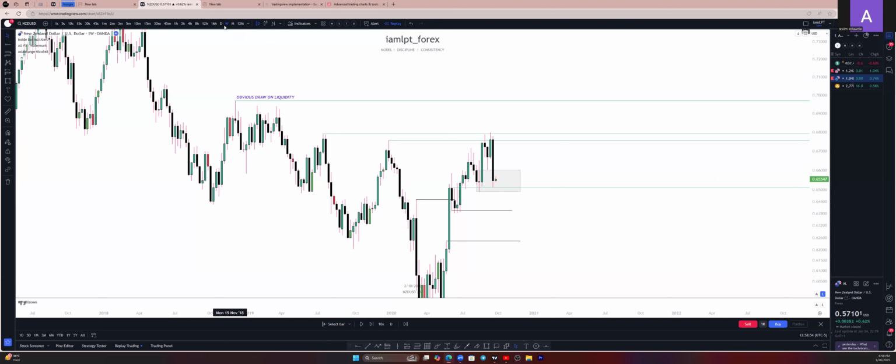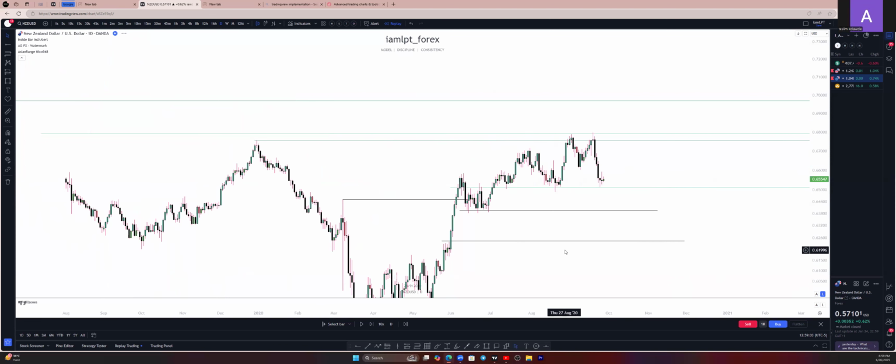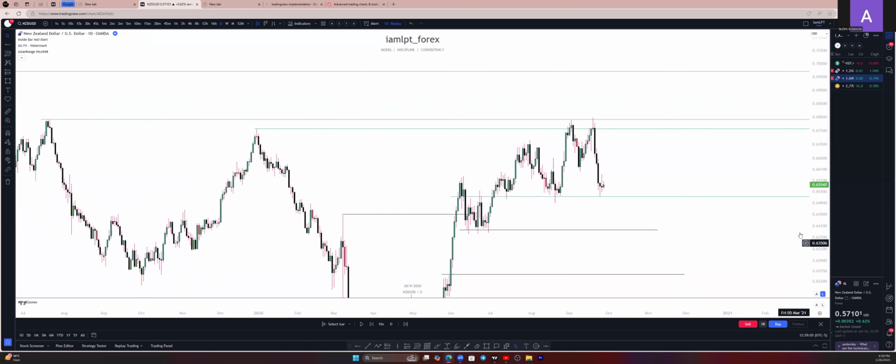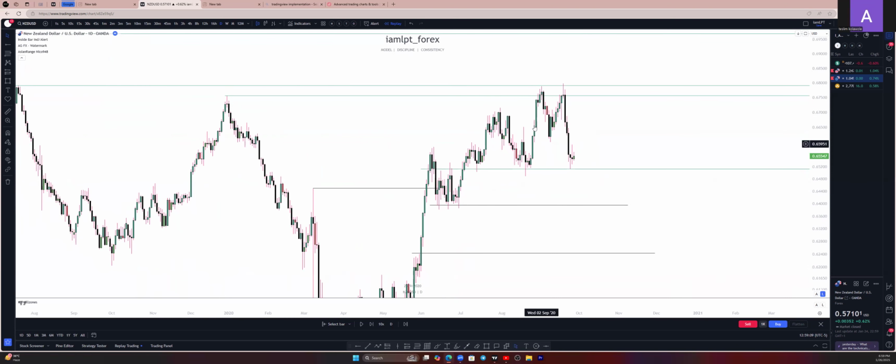Again, if you go to daily time frame, let me remove this. Because even all of this on daily time frame, I always anticipate, because this particular one actually happened from this particular mitigation block.